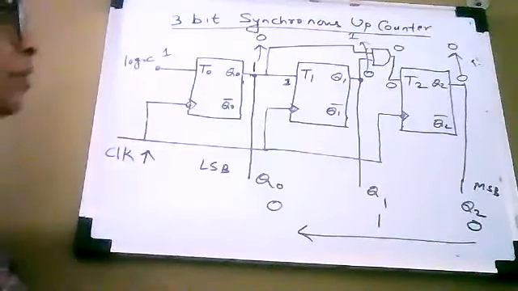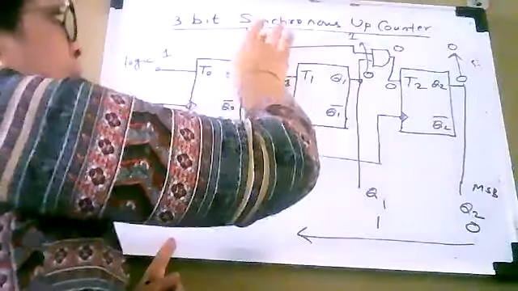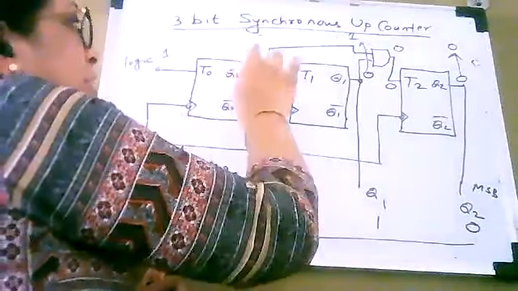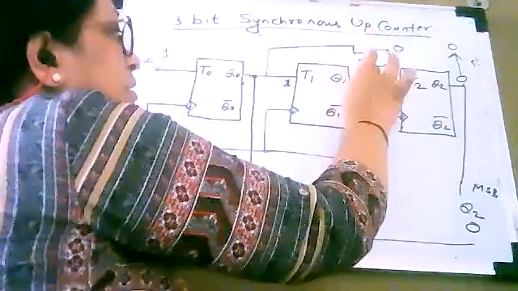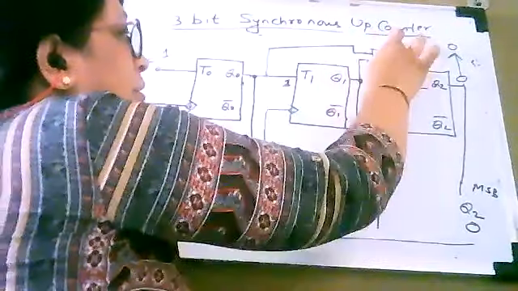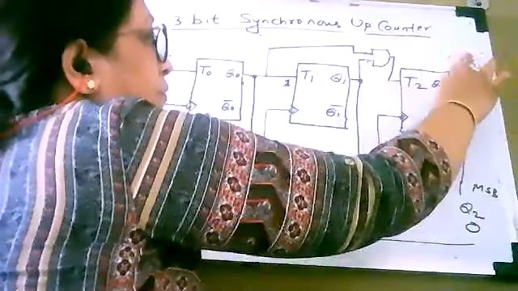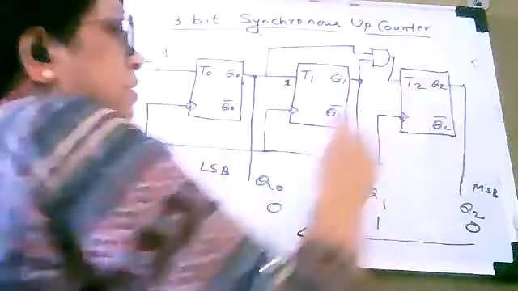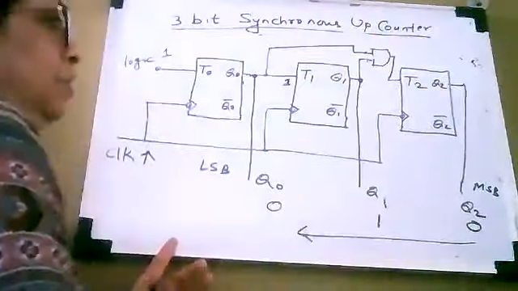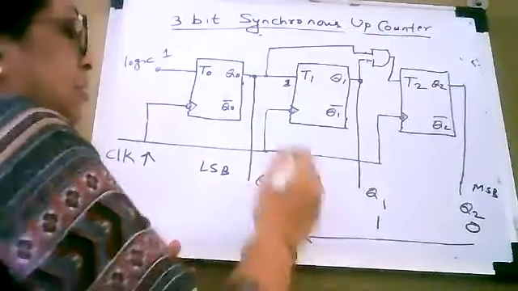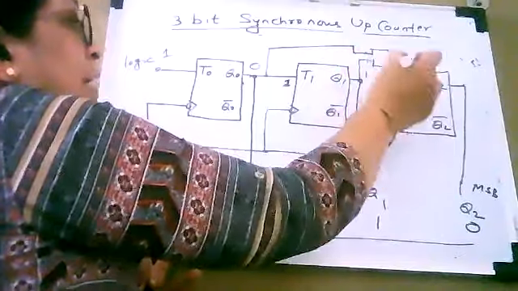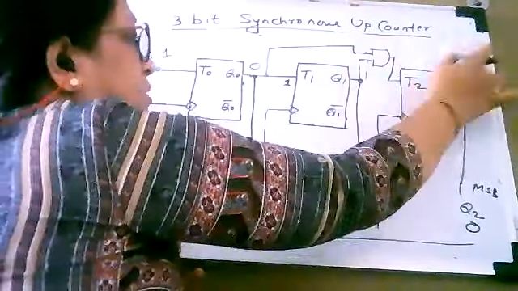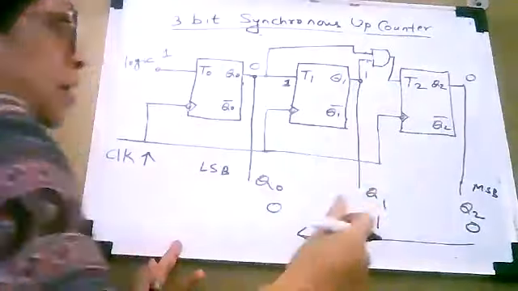Okay, now let us see about the next state. Suppose the previous state in this case is 0, 1, 0. So let us consider these outputs: Q0 as 0, Q1 as 1, and Q2 as 0.